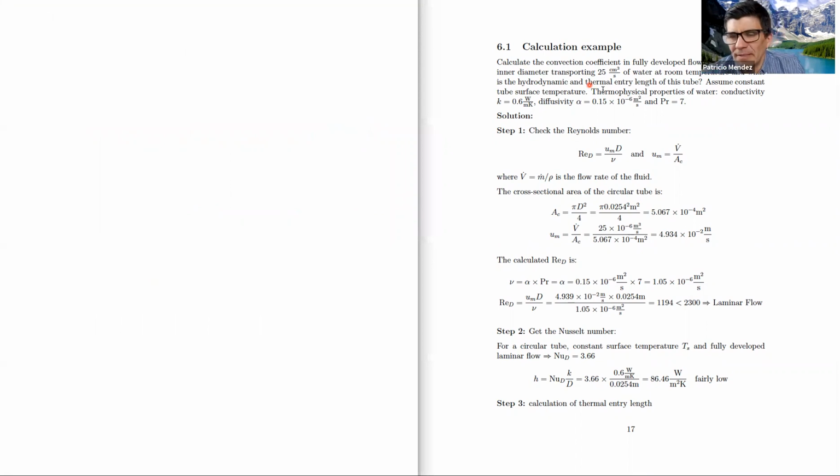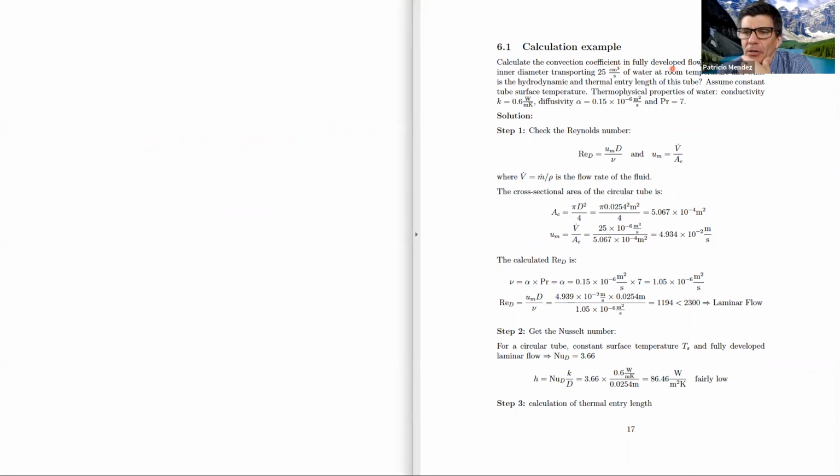This is a straightforward problem. Calculate the convection coefficient for fully developed flow in a tube of 1 inch inner diameter, transporting 25 cubic centimeters per second of water at room temperature. Also calculate the hydrodynamic and thermal entry lengths of this tube.